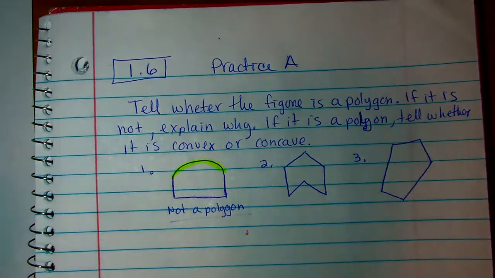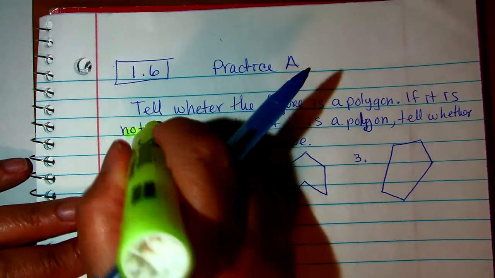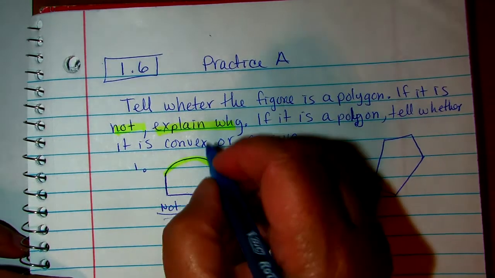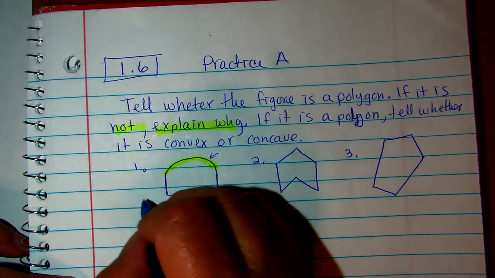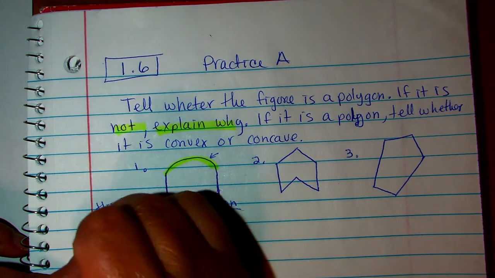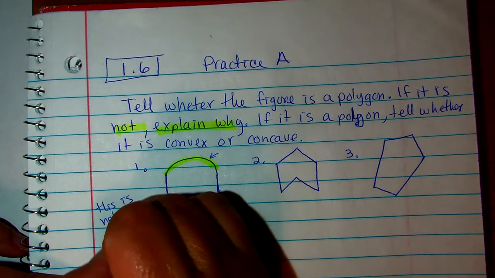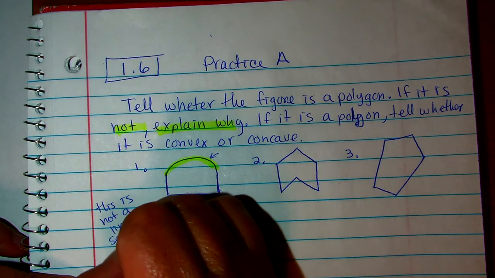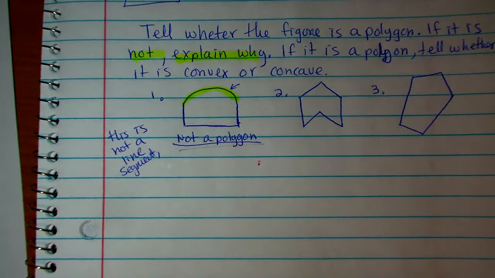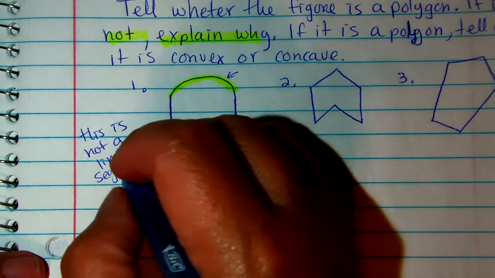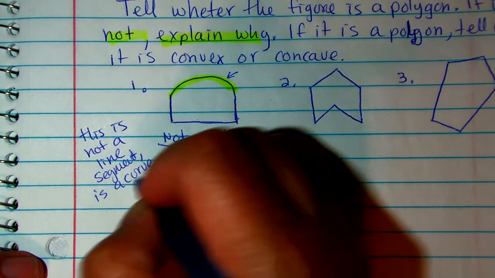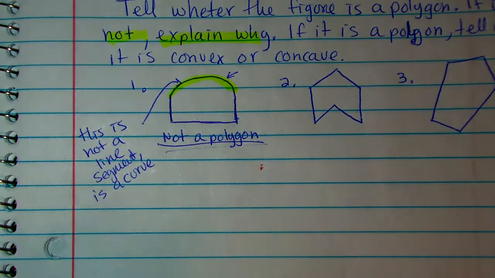It says we have to explain when it's not, so the explanation is, I'm going to make it simple: it is not a polygon because this is not a line segment. To be more specific, this is a curve.